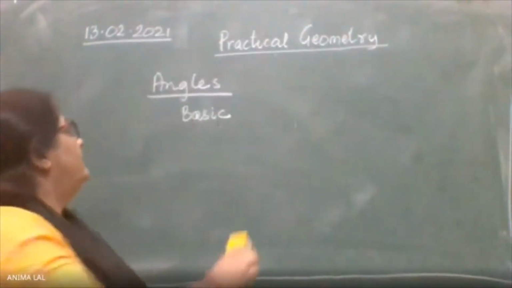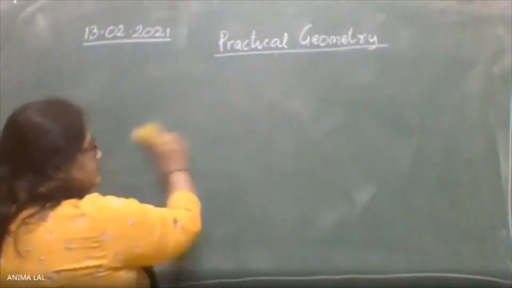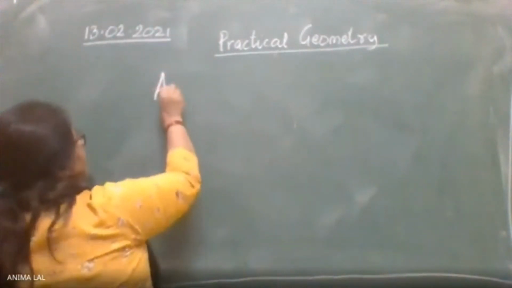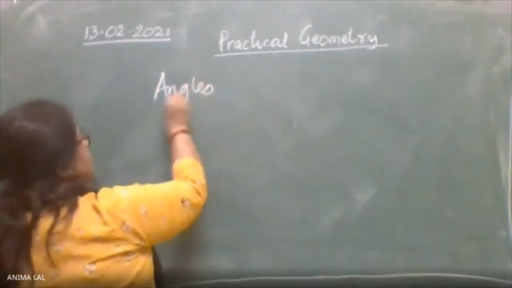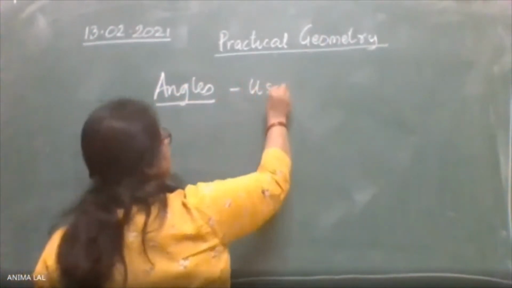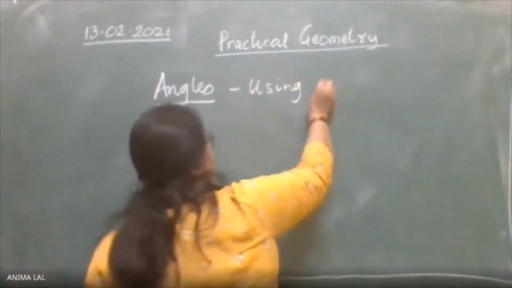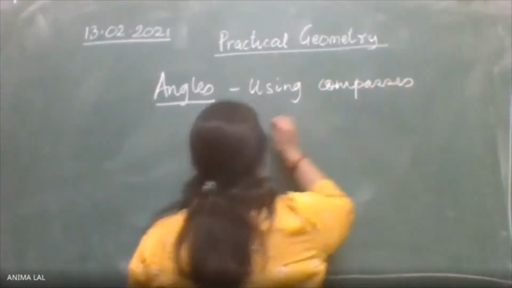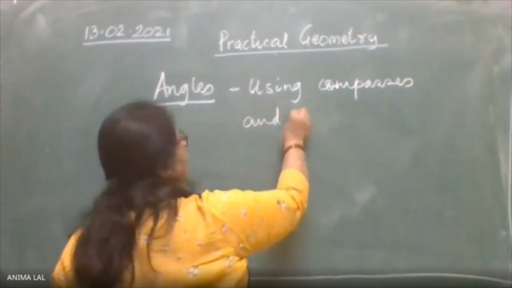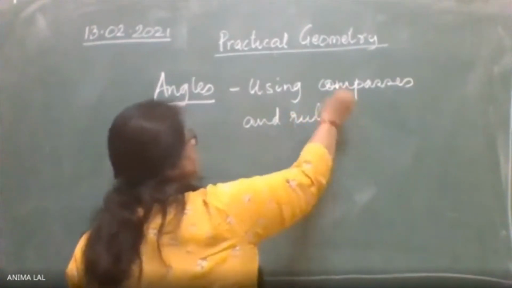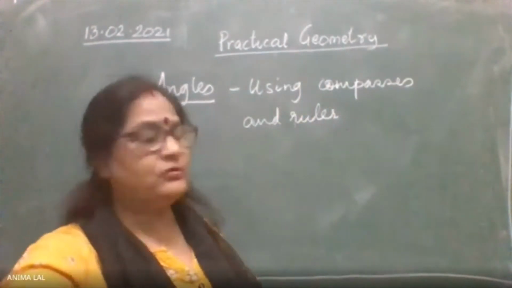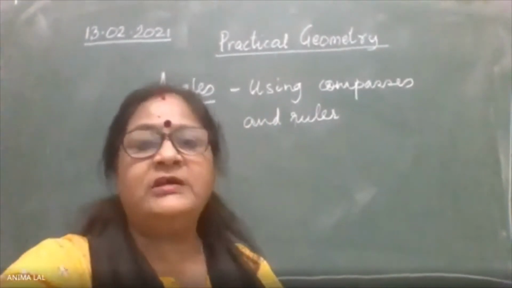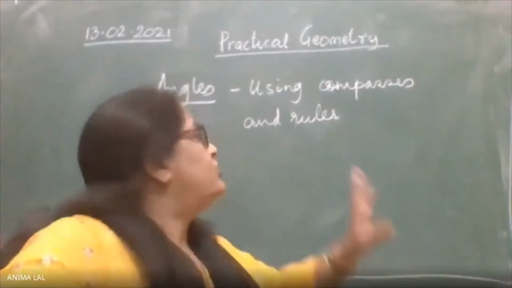As I told you, we are going to start construction of angles using your compasses and ruler only. Using the compasses and ruler, which means you are not going to use anything else apart from your ruler, your pencil and your compass to construct an angle.